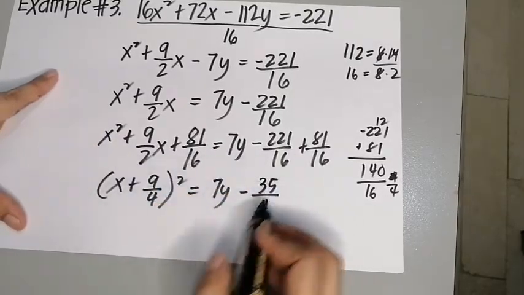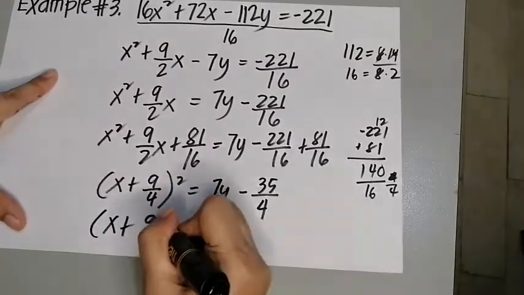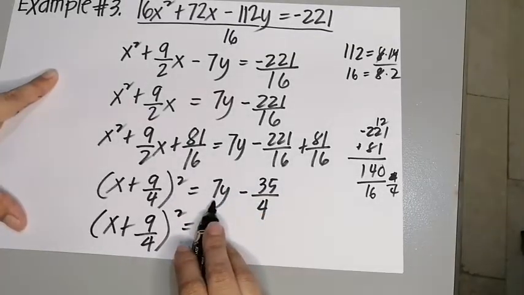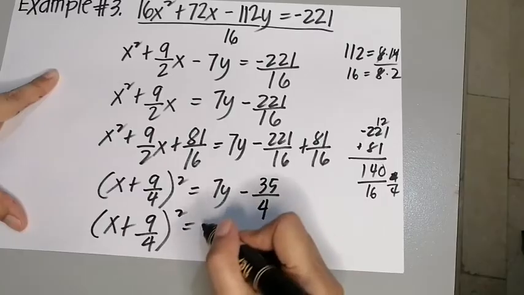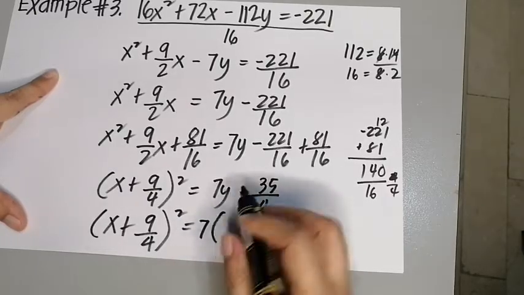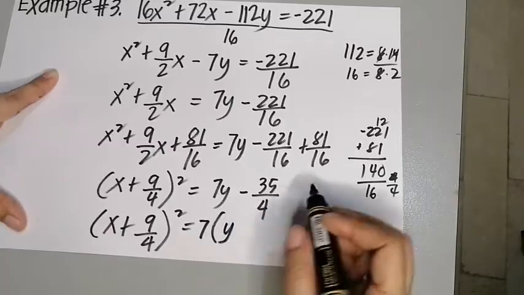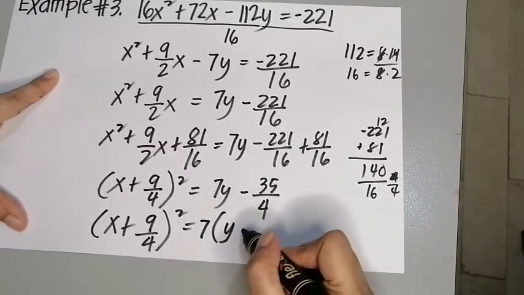Then we can simplify this further. I'll copy this one: x plus 9 over 4 quantity squared equals, factor 7 from 7y and factor 7, so that we will just have here y, and then 35 over 4 divided by 7.